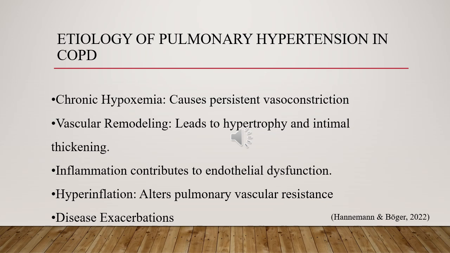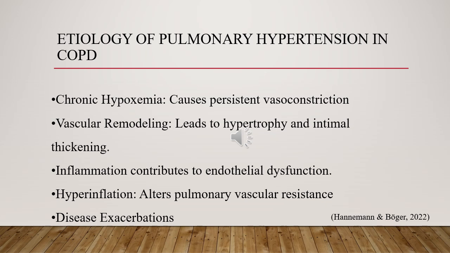Chronic inflammation inherent to COPD exacerbates endothelial dysfunction, reducing the production of vasodilators like nitric oxide and increasing levels of vasoconstrictors like endothelin-1. Lung hyperinflation, a common feature of severe COPD, compresses pulmonary vessels mechanically, further altering blood flow and pressure.